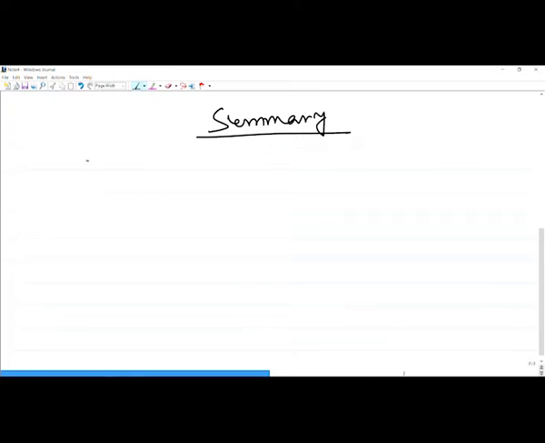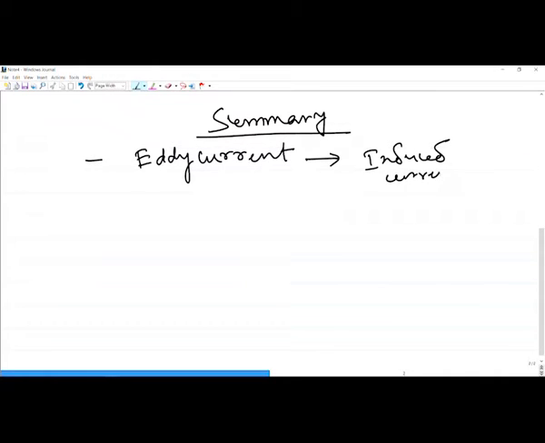Today we first learned about the eddy current, which is nothing but the induced current on a conductive surface when you bring a current carrying conductor close to a second conductive surface.